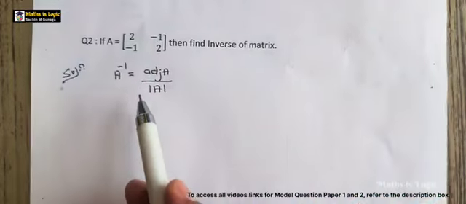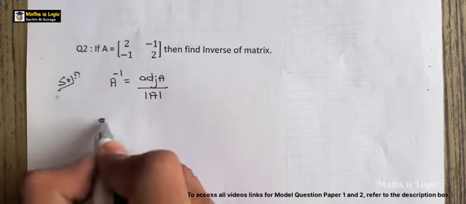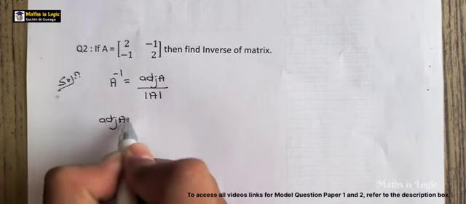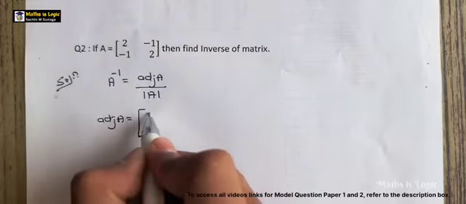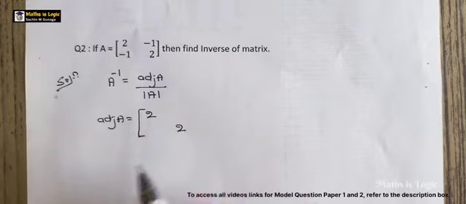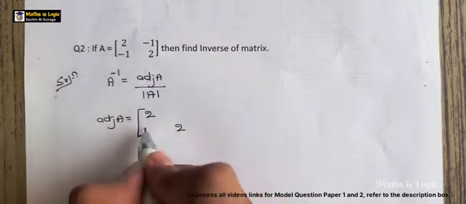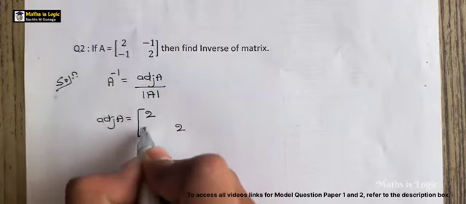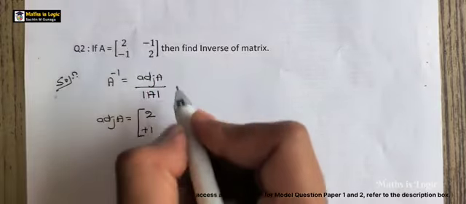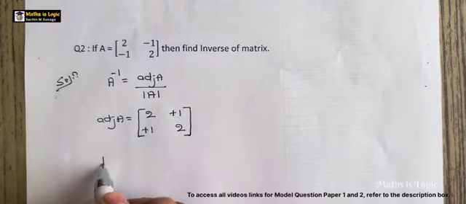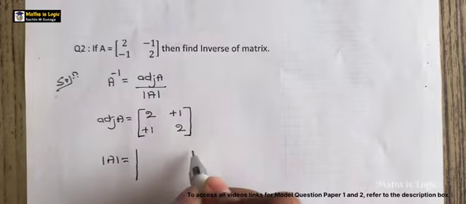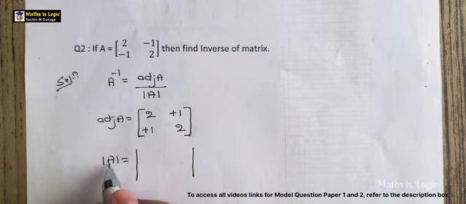First write the formula, then find adjoint of A. Interchange the principal diagonal elements, it becomes 2 2, for the remaining elements change the sign, minus 1 becomes plus 1, again minus 1 becomes plus 1. Next, find the determinant of A value. So determinant symbol, keep it as it is, substitute A.